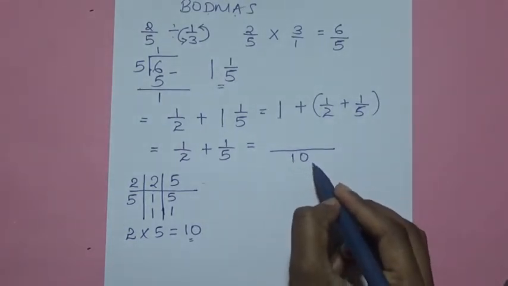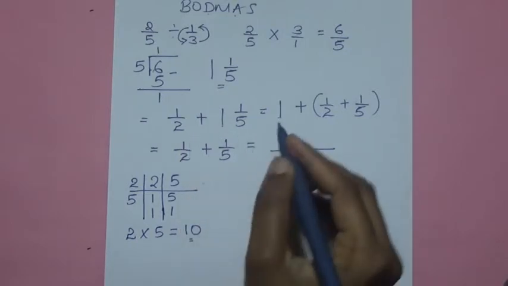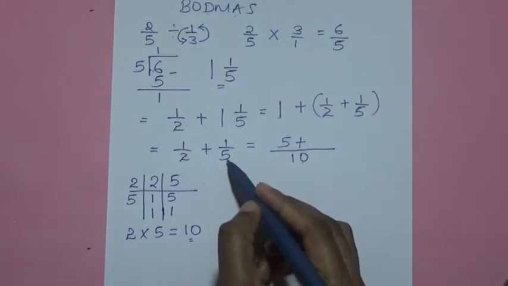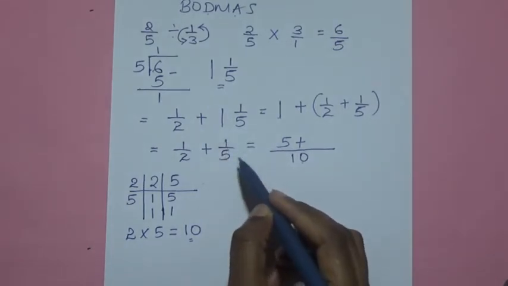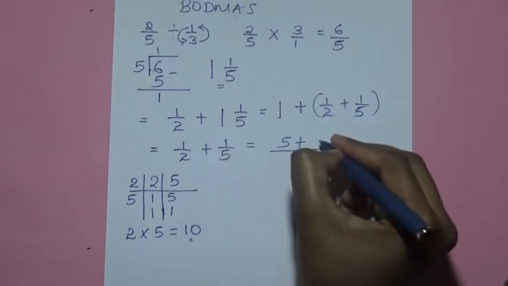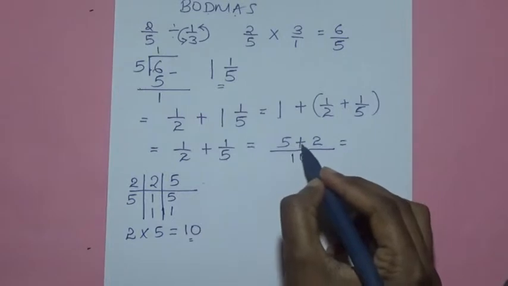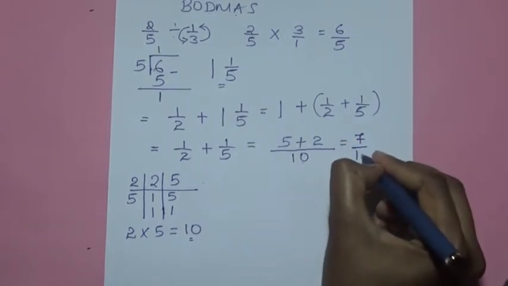We will have 10 divided by 2 gives us 5, multiplied by 1 gives us 5, plus 10 divided by 5 gives us 2, multiplied by 1 gives us 2. And then you have 5, you add 2 gives us 7, over 10.